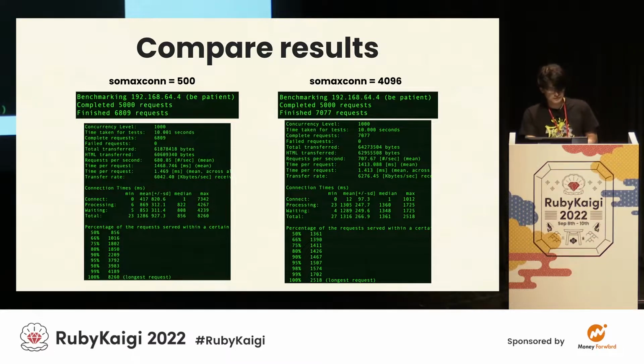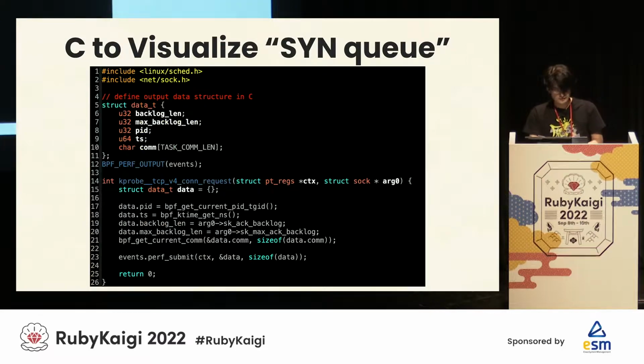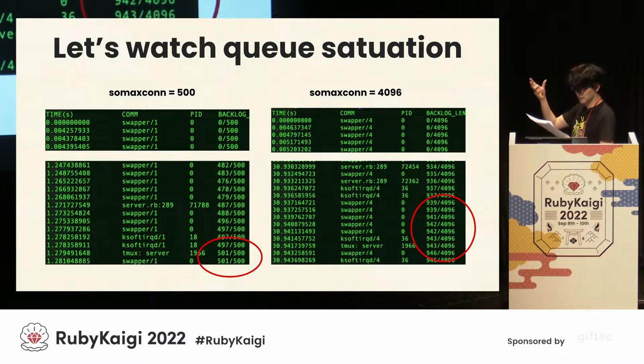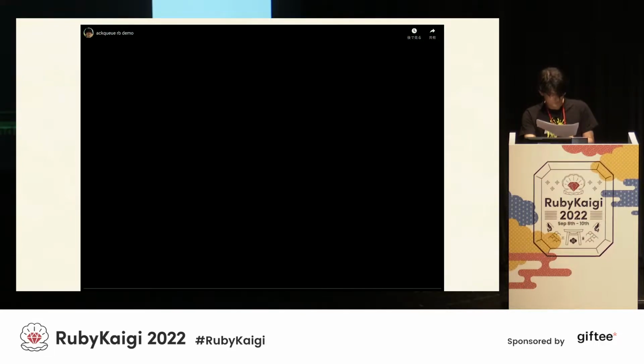So now, I wrote some short Ruby code and a little bit of C code to create a tool. Using this tool, we can visualize the current capacity and max capacity of the accept queue in the kernel. I'm going to show the demo.